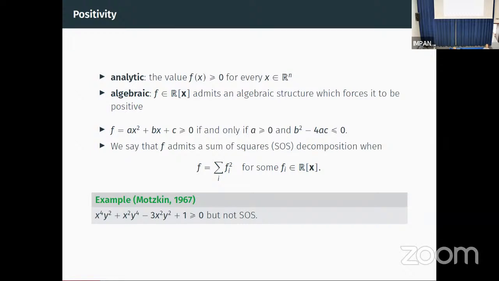You can prove to yourself, even in the back row, that this polynomial is non-negative. It's really easy if you know the right thing. But it's not a sum of squares. Okay? So there is a problem with this. In some sense, we are trying to show more than we actually want, but maybe that's fine. It will be fine for me.